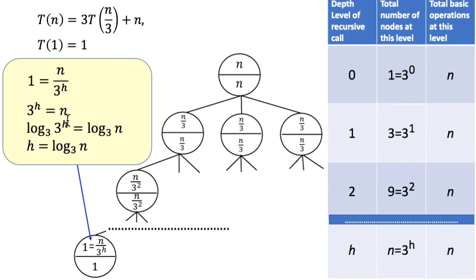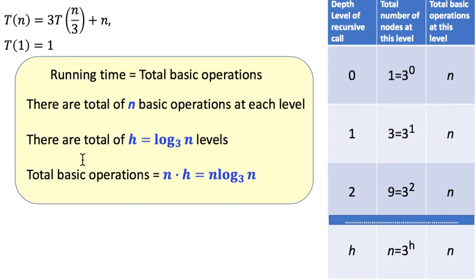Take log base 3 of both sides of this equation. On one side, you will have log base 3 of 3 to the h, and on the other side, you will have log base 3 of n. The left-hand side is equal to h, because it is base 3 and here we have 3 to the h, so this is equal to h, and it is equal to log base 3 of n. This is the height of the tree.